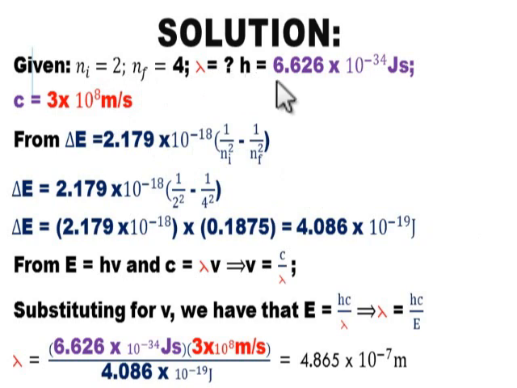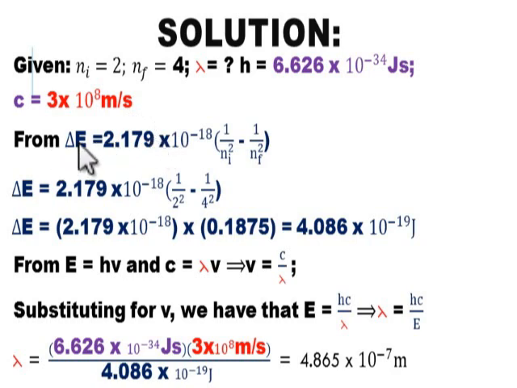Then h, the Planck constant, has a constant value of 6.626 times 10 exponent minus 34 joules second, while the speed of light has a value of 3 times 10 exponent 8 meter per second.